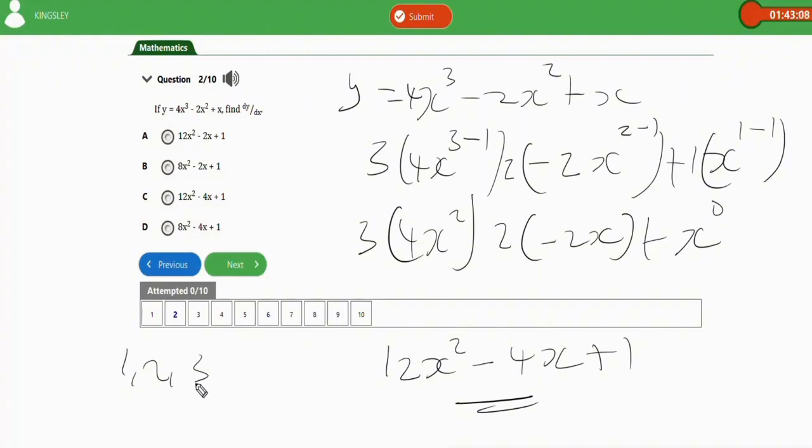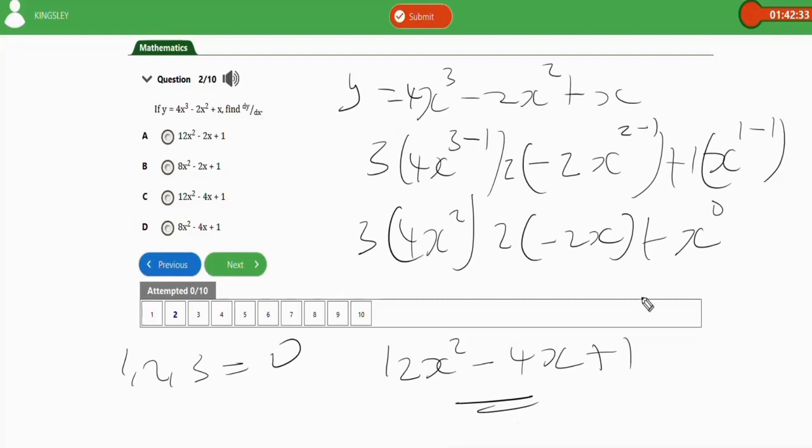When you differentiate a constant, you have 0. Unlike in integration, where you are going to have a variable x attached to it. When you integrate 2, you have 2x. When you integrate 3, you have 3x. When you integrate 1, you have x. But in differentiation, when you differentiate a constant, you have 0. That's the difference between them.